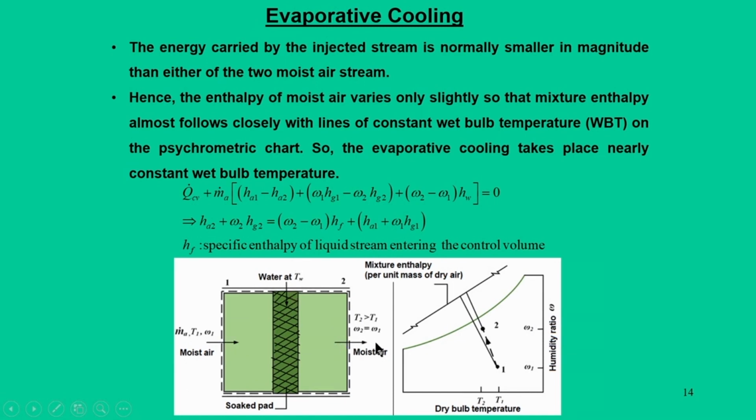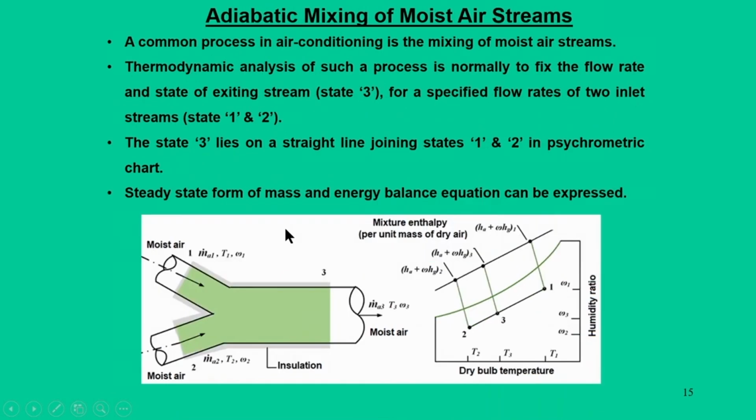We can write the energy balance equation as QCV plus m dot A into (HA1 minus HA2), this is the air part, and this particular part is for water vapor, and this particular part is for water which is getting added. Here T2 is less than T1 and omega 2 is greater than omega 1. This is how we can write down the energy balance equations for evaporative cooling processes.